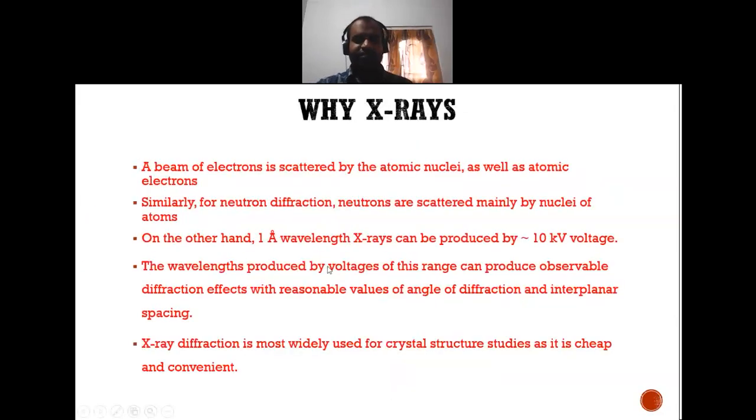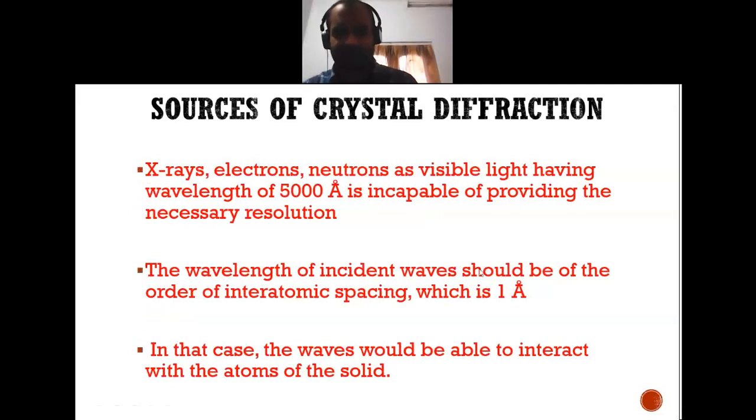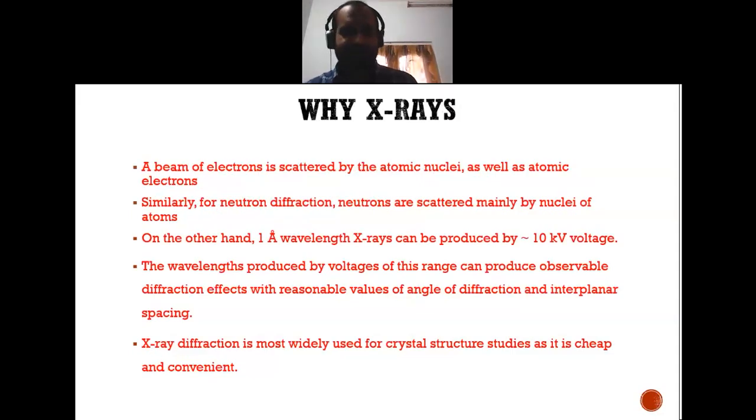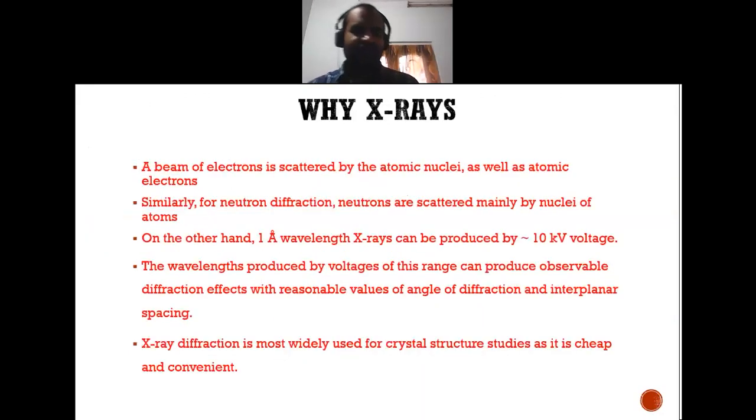Now the question is, we have three sources, and all three are capable of producing waves with about 1 angstrom of wavelength. But then why do we have to use X-rays? Why are we not using electrons or neutrons, but predominantly using X-rays?